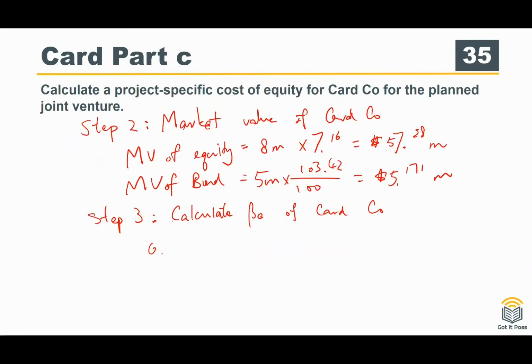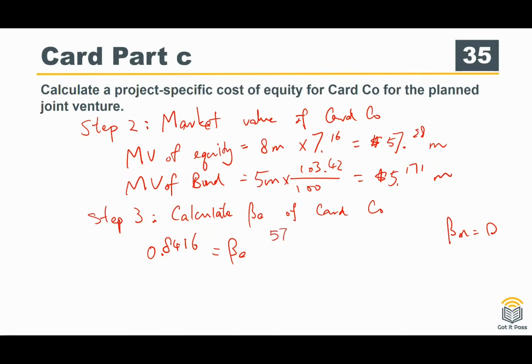This beta is the asset beta, only reflecting the business risk, no financial risk. So you have to gear back with the financial structure, assuming that the debt beta is 0. So we only consider the asset beta here and the equity beta here.